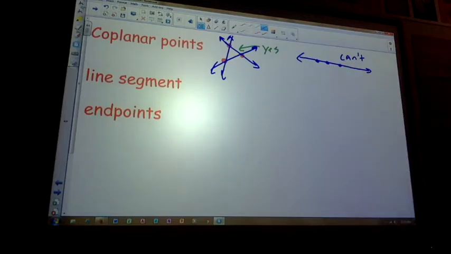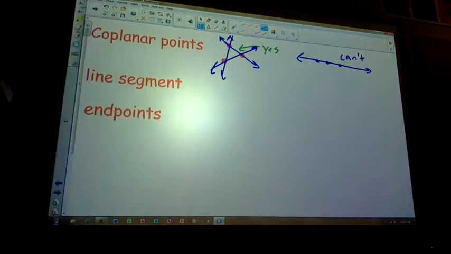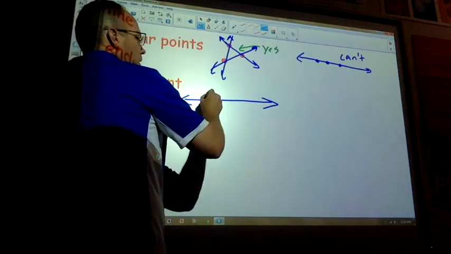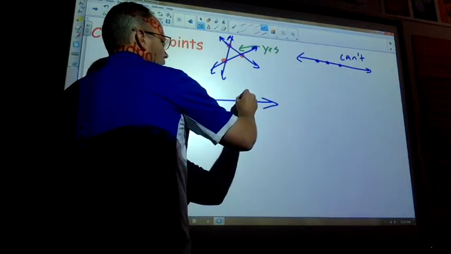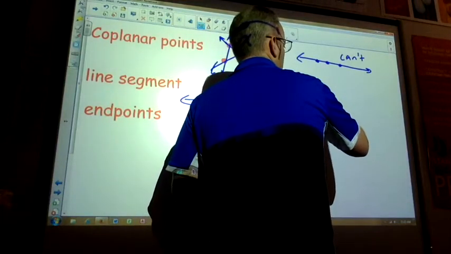Okay? Now, a line segment is going to change things a little bit. So remember, if I name a line, I'm using 2 letters, and I'm putting a line above it, and there's an arrow going both ways. Agree? When I talk about a line segment, let's say we have a line here. We'll call this X, and we'll call this Y. So I can call this line XY.